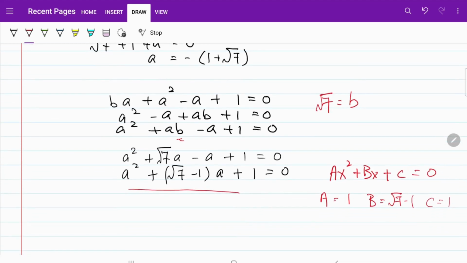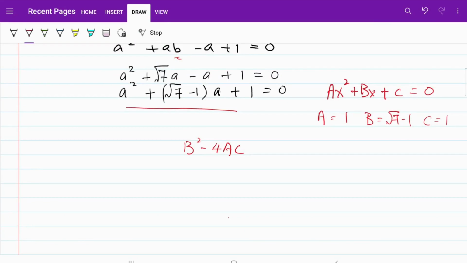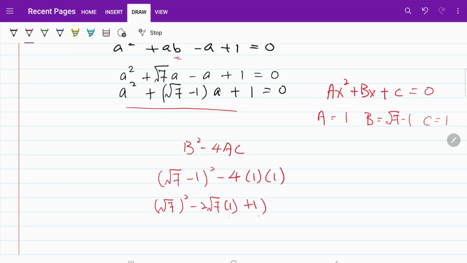Let's go ahead and work out the determinant of this quadratic equation by solving b squared minus 4ac. So what I have is (square root of 7 minus 1) squared minus 4 multiplied by 1 multiplied by 1. From here, I have square root 7 squared minus 2 times square root 7 times 1 plus 1 minus 4.